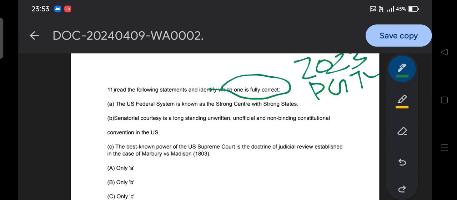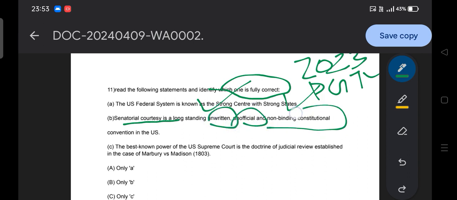The USA federal system is known for a strong center and strong states, as I said, because they have a dual constitution, a dual judiciary, and dual citizenship, and that's why both the center and the states are strong. Okay, then senatorial courtesy is a long-standing, unwritten, unofficial, and non-binding constitutional convention in USA.